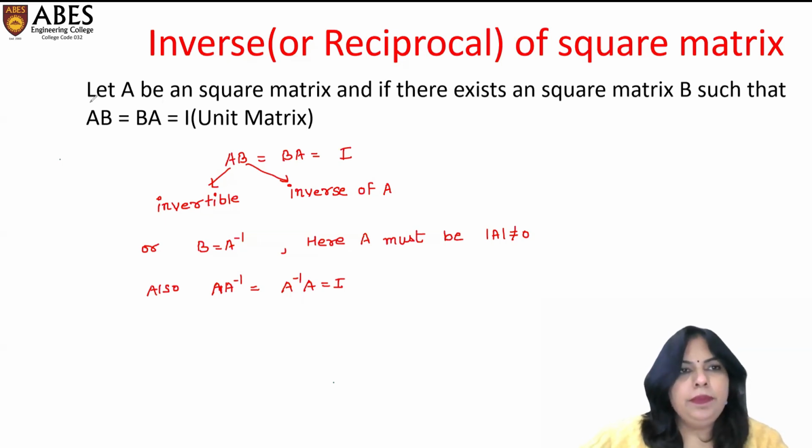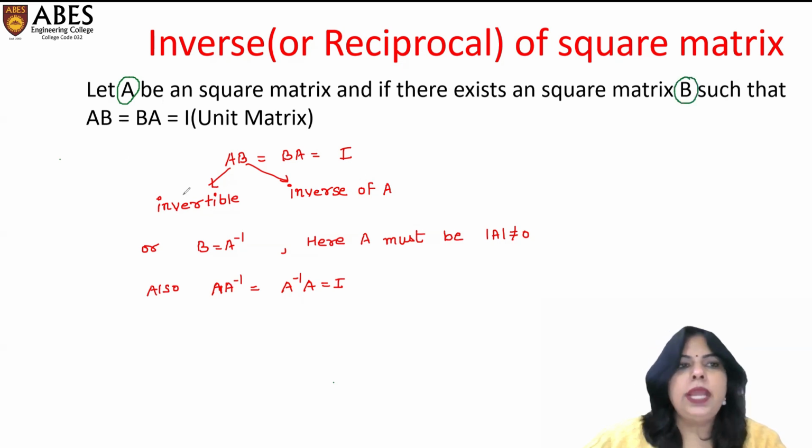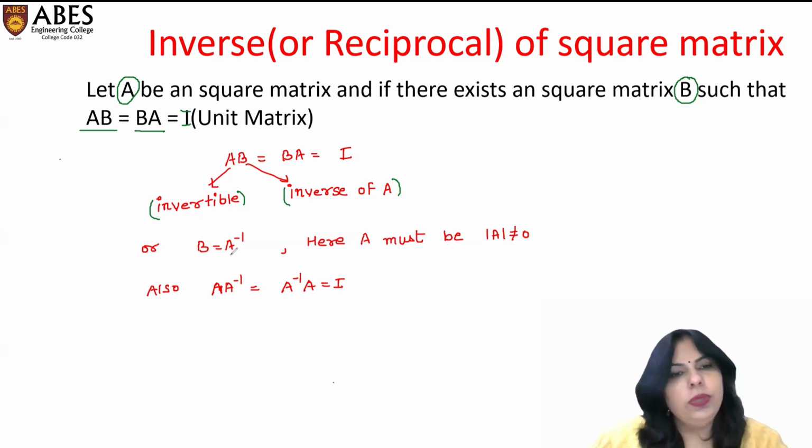Let A be a square matrix, and if there exists a square matrix B such that A into B or B into A is equal to the unit matrix, then matrix B is called inverse of matrix A. Here A is called invertible, while matrix B is called inverse of matrix A. So we can write B is equal to A inverse, where A must be a non-singular matrix.